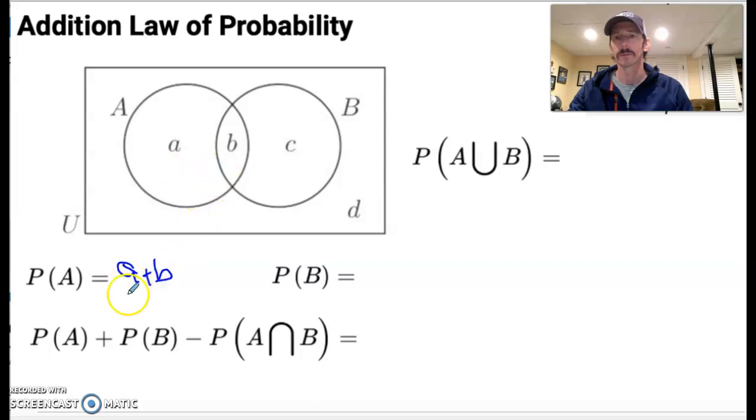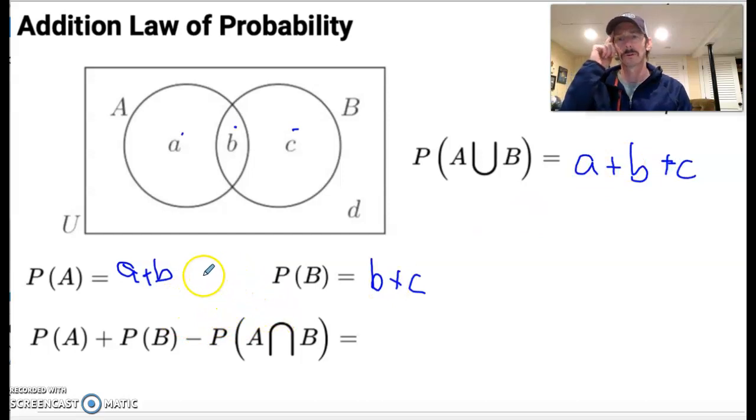I'm not going to worry about putting it over top of the entire sample space, but that's what it would be. The probability of B happening would be, again, these two occurrences, because they're both included in B. And so the union of A and B, if I look up here to the union of A and B from last video, it would be these three items that are in A or B or in both. So the union of A and B would be A plus B plus C.